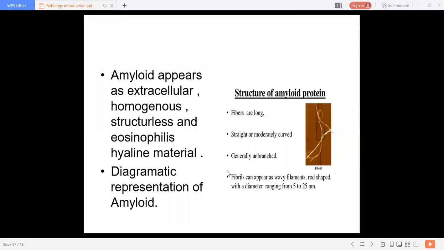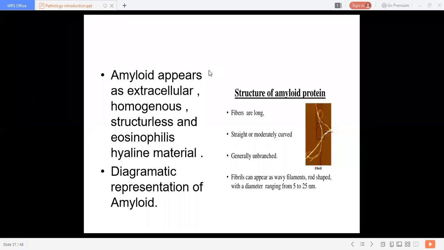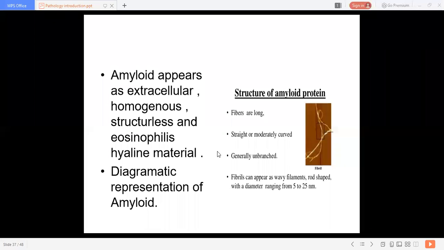Now, in the structure of amyloid, the amyloid is formed by 90% fibrillar protein, that is cross beta-pleated fibrils, and 10% of this amyloid is formed by P component, that is pentagonal shaped glycoproteins.